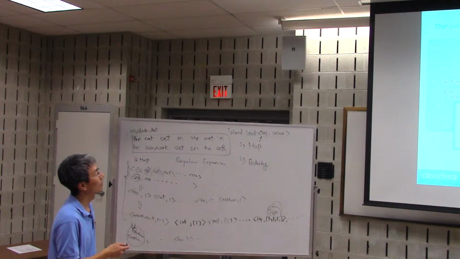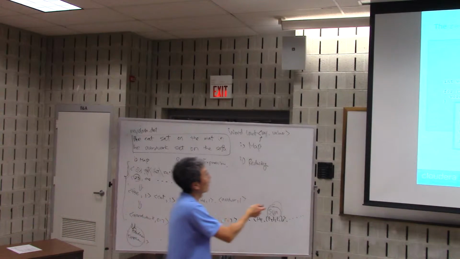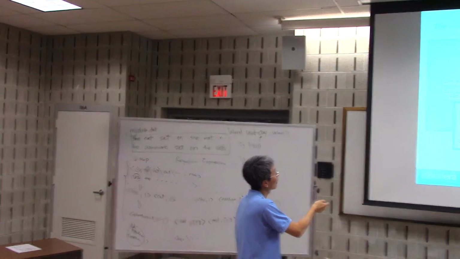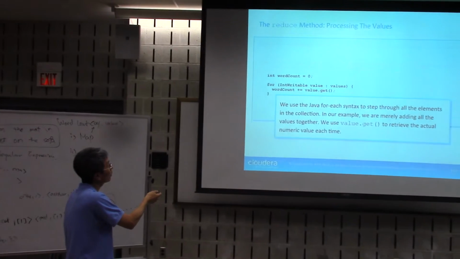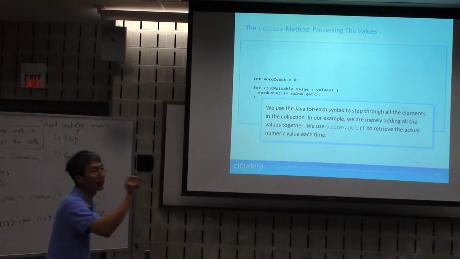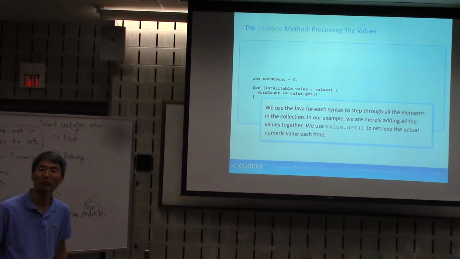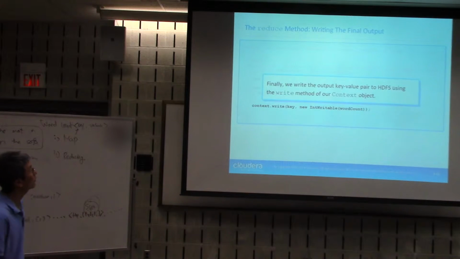For example, for each IntWritable value, we can just add up, right? We call the get method to get the value itself, then add it up to the word count. That makes sense, and very simple.